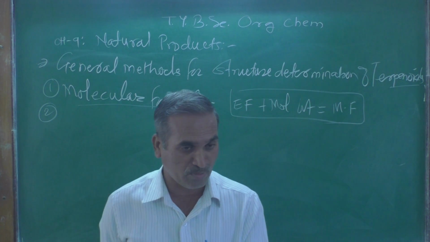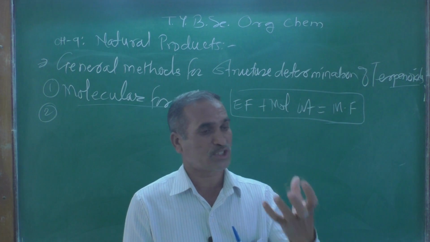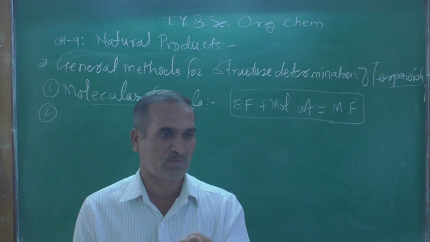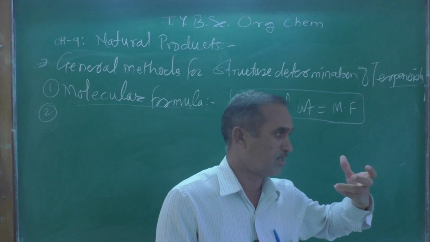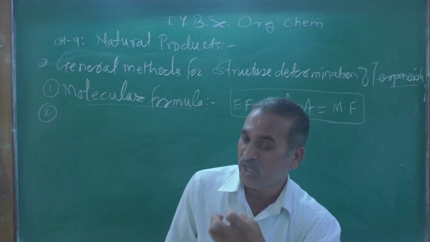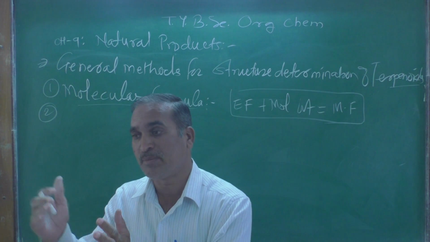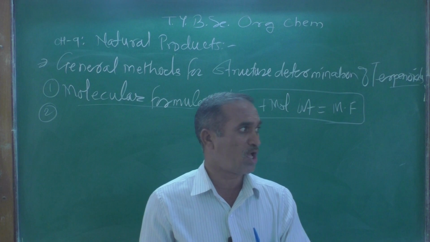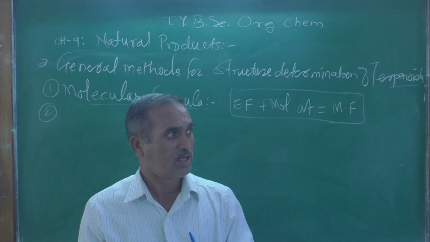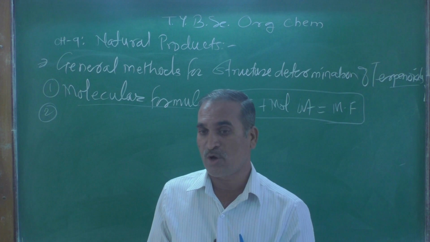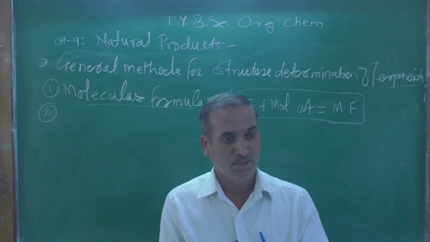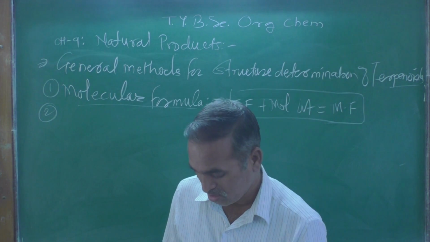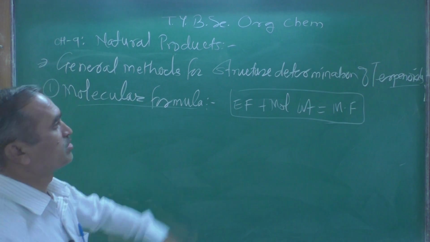The empirical formula is the smallest molecular formula, with the lowest number of elements present, like carbon, hydrogen, oxygen, sometimes nitrogen or halogen. From the empirical formula and the molecular weight we can determine the molecular formula of an unknown organic compound. So that is the first way.